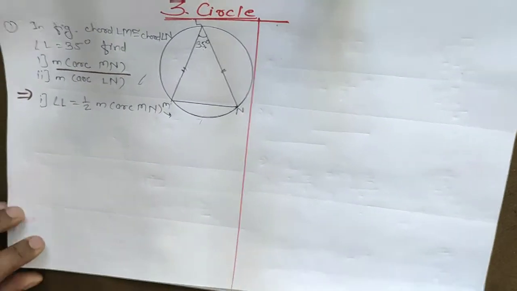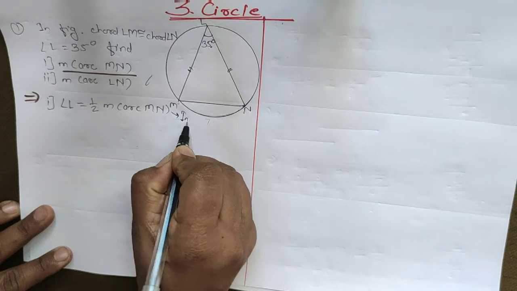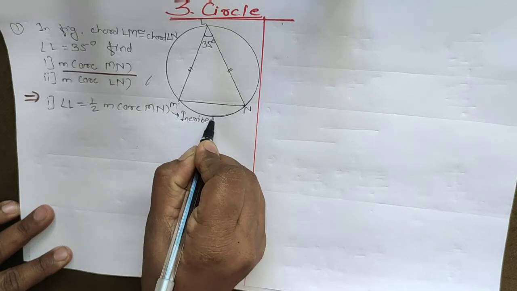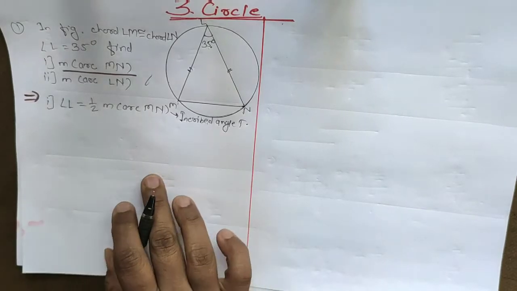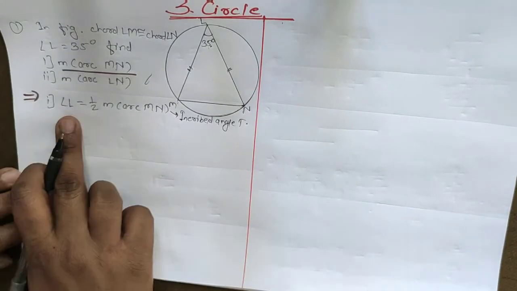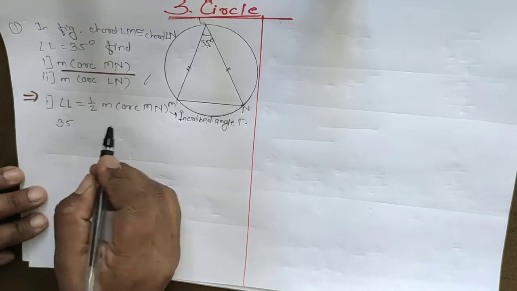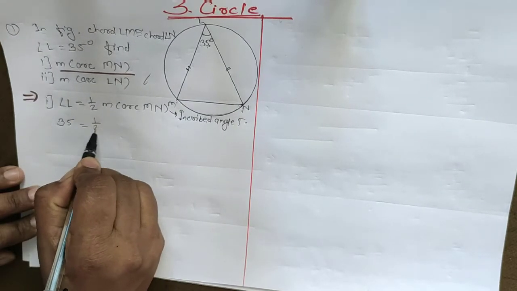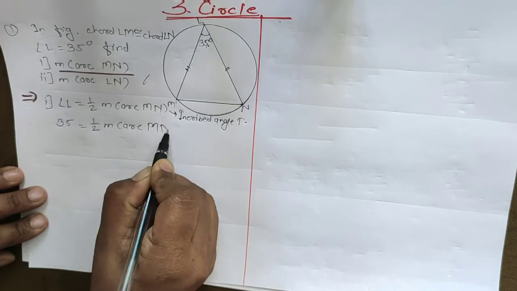Now the measure of angle L is 35, equal to 1/2 measure of arc MN.